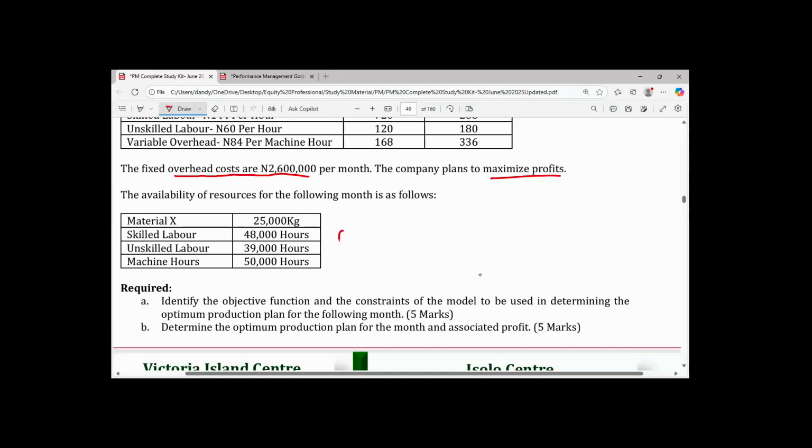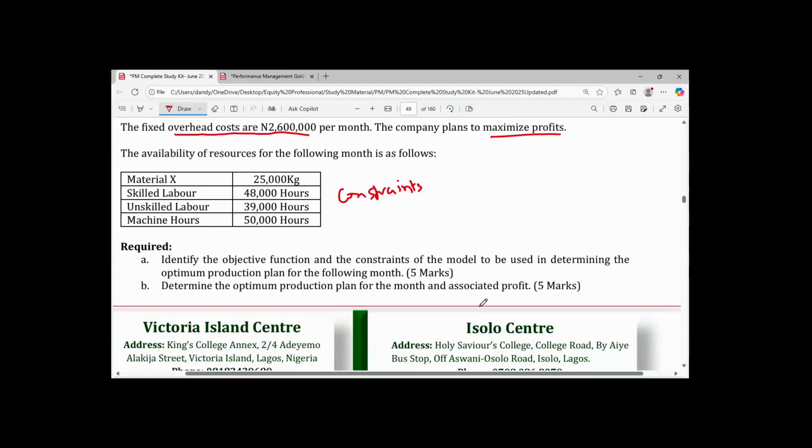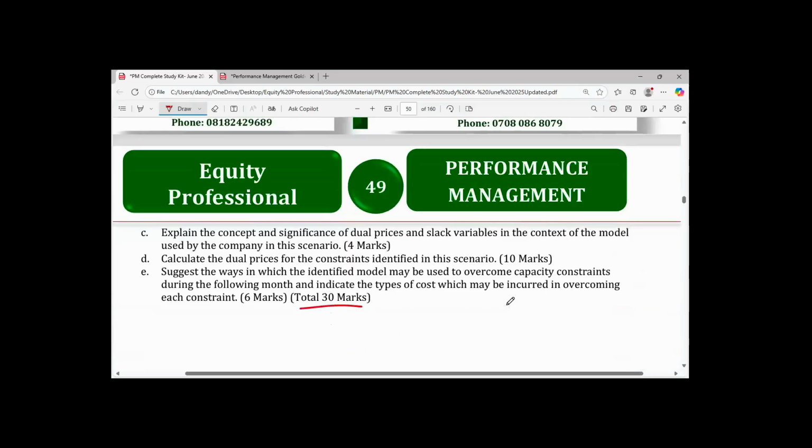Required. A. Identify the objective function and the constraints of the model to be used in determining the optimum production plan for the following months. B. Determine the optimum production plan for the months and associated profit. C. Explain the concept and significance of dual prices and slack variables in the context of the model used by the company in this scenario.